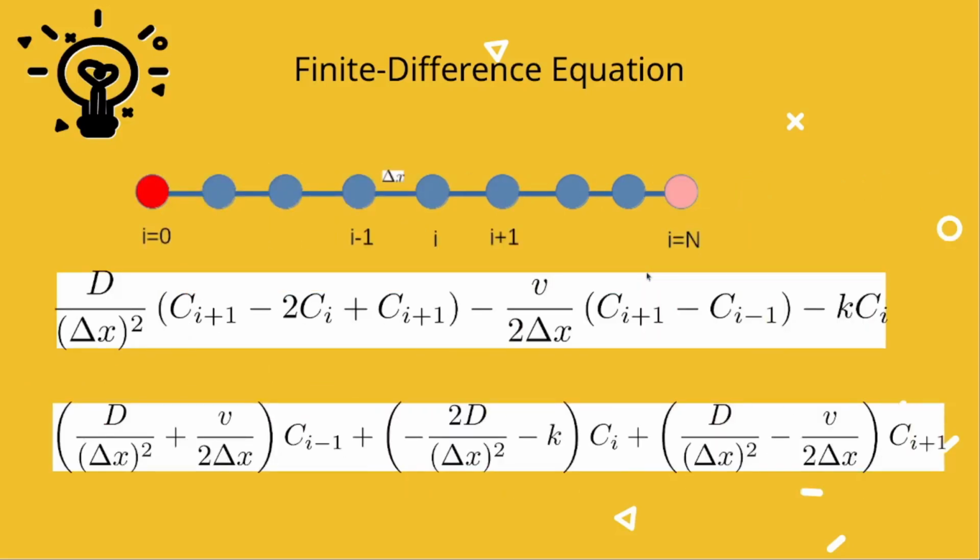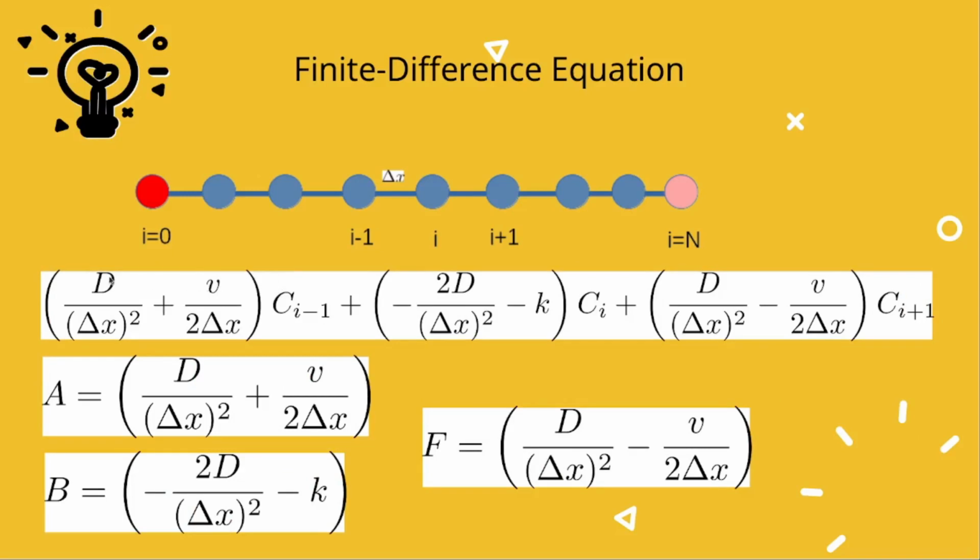So when I collect all similar terms, I can write (D over delta x squared plus v over 2 delta x) C of i minus 1, plus (minus 2D over delta x squared minus k) C_i, plus (D over delta x squared minus v over 2 delta x) C of i plus 1. So I have an i minus 1 term, an i term, and an i plus 1 term. And essentially all I've done is move or collect terms.